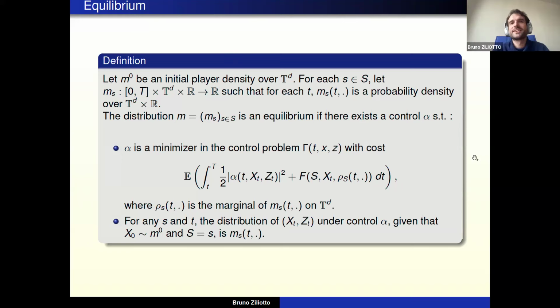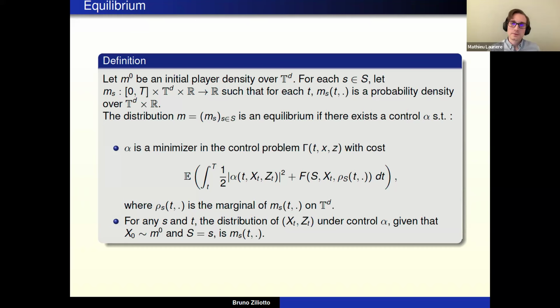Yeah, okay. And I have one quick question here, if I may. In this case, MS is defined over [0,T] times R^d times R. At time 0, for any state S, it should be equal to m0.